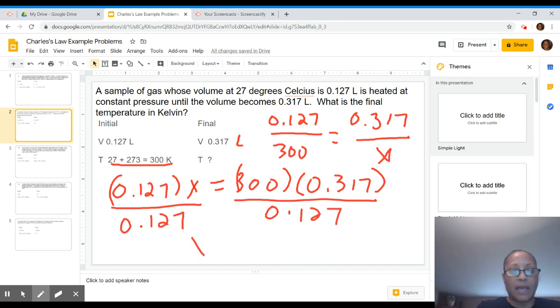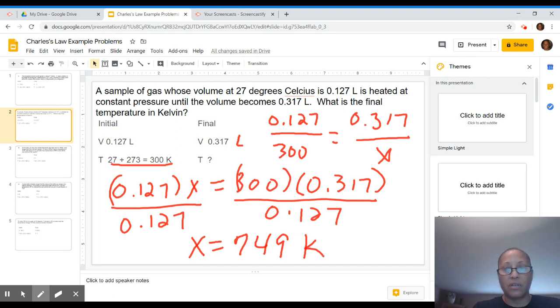Therefore, my X is going to equal, when I take 300 times 0.317 and divide it by 0.127, 749 Kelvin. That's the final temperature after the gas is heated. It expands.